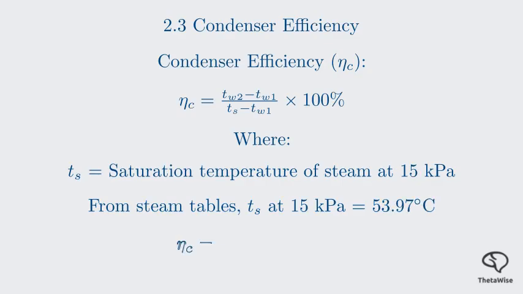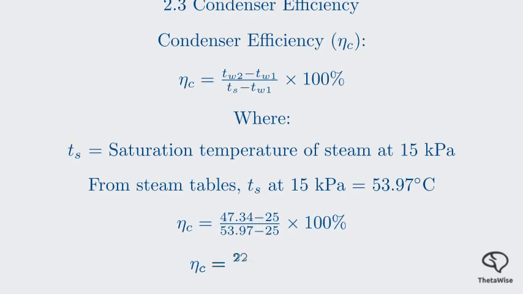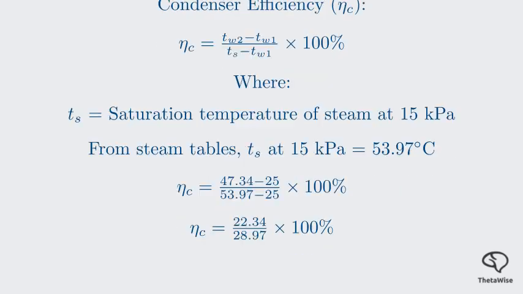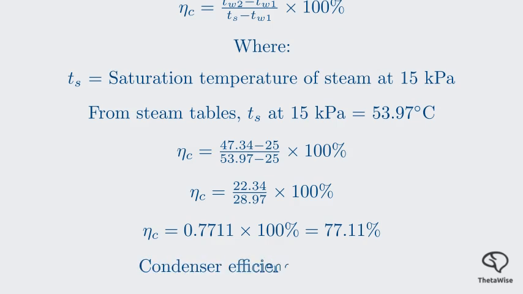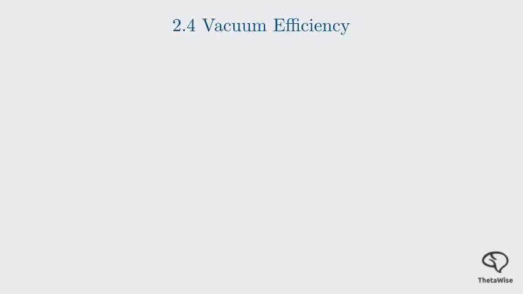So eta_C equals 47.34 minus 25 divided by 53.97 minus 25, times 100%. That is 22.34 divided by 28.97 times 100%, which equals 0.7711 times 100%, or 77.11%. Condenser efficiency equals 77.11%.